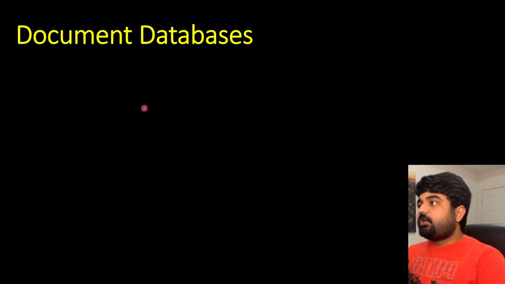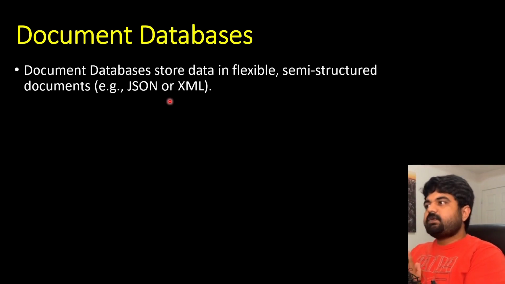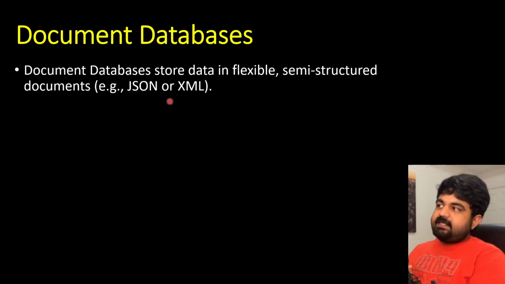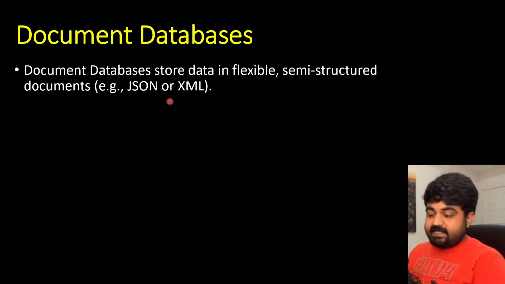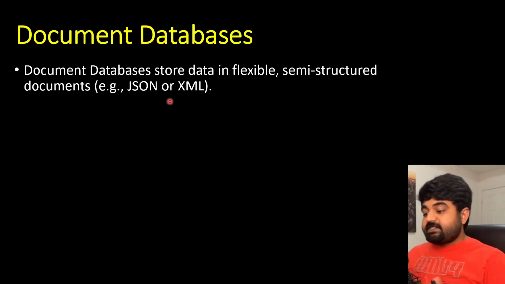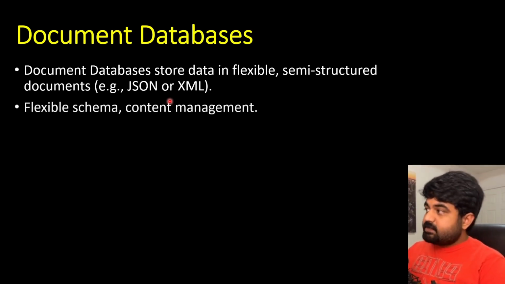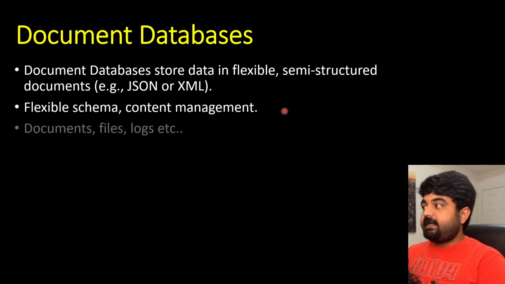Now next one is document databases. As the name suggests, it stores data in flexible semi-structured documents, and these can be things like JSON files, XML files, or log files, or other document files which can update or change quite frequently. Here you are mostly dealing with flexible schema, and a lot of content that you need to manage through these document type databases.